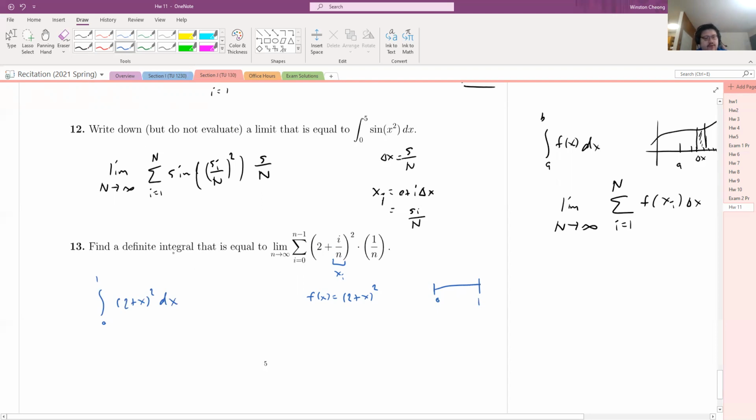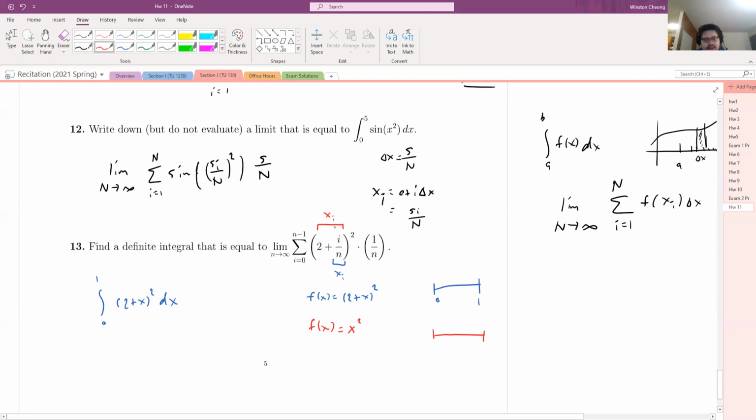Okay. The other way is, I'm going to use a different color. The other way is, what if you let the whole thing, 2 plus i over n, let that be your xi. Well, in that case, your function ends up being just x squared. And again, because of this 1, the length you integrate over is still length 1.